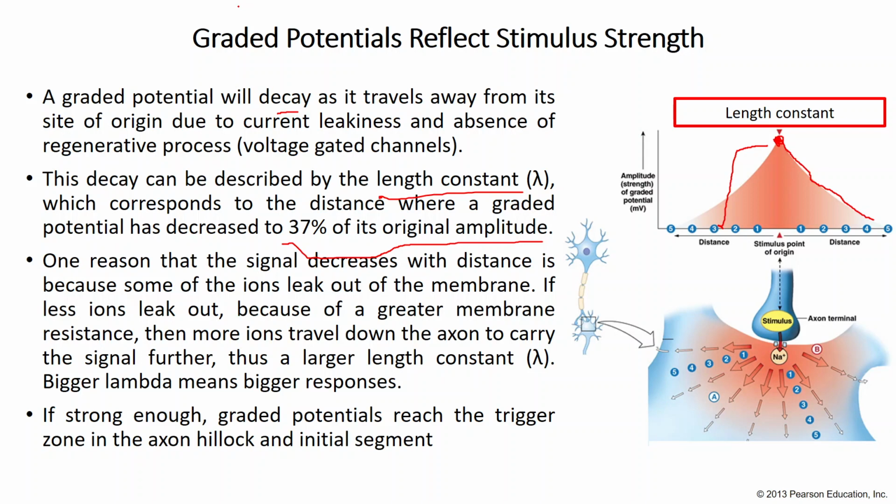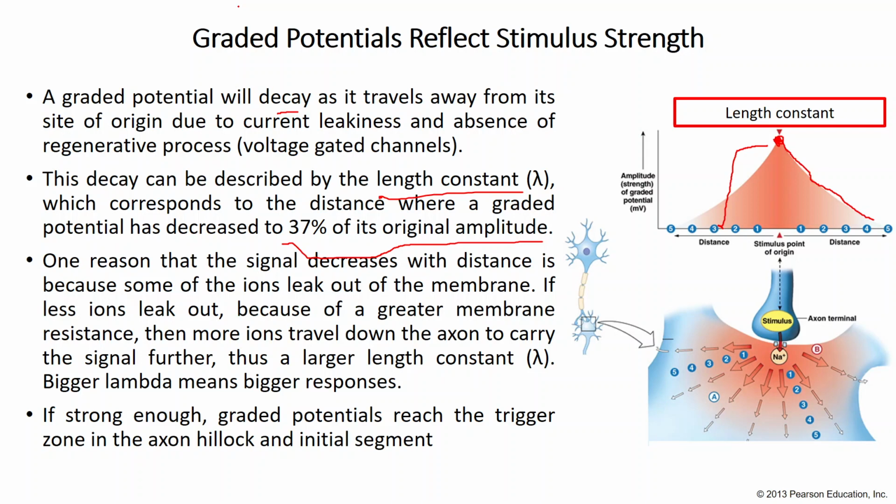So the length constant is the distance by which it will decrease to 37% of its amplitude. What this means is that the larger the distance before it loses 37% of its strength, the higher the likelihood it will induce an action potential. You see what I mean?